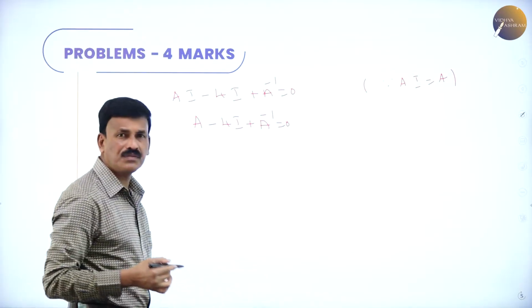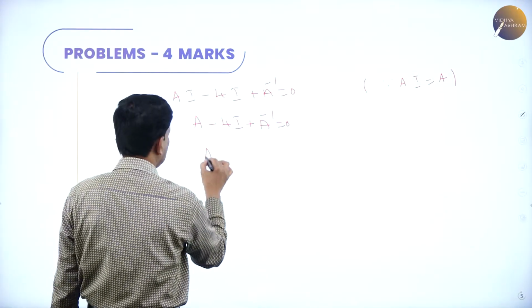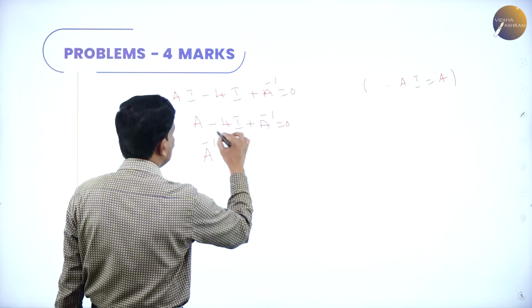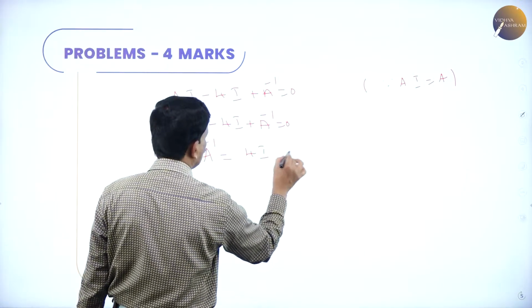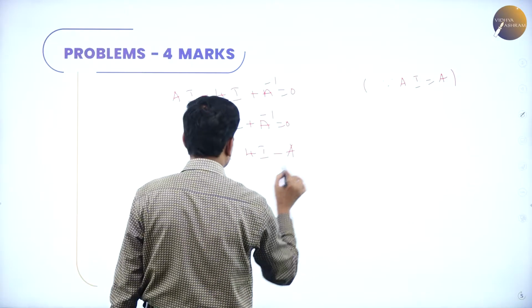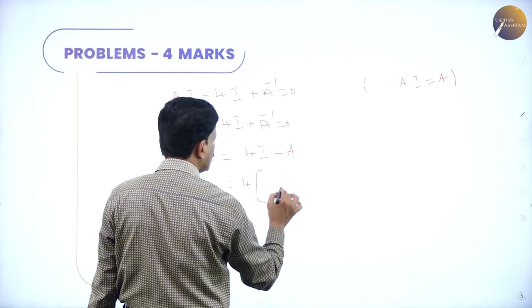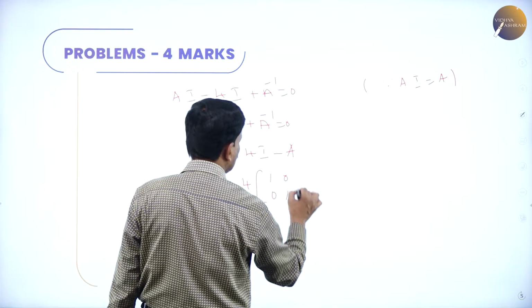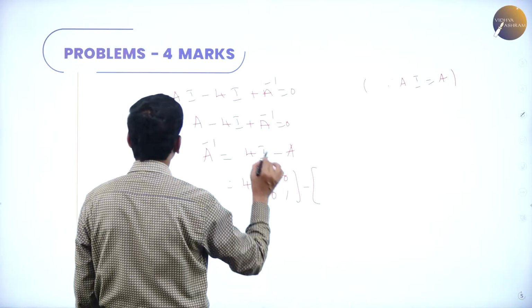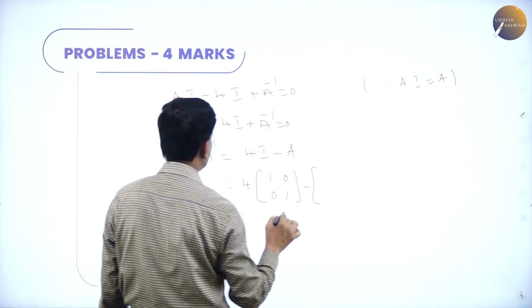Now, what is required is to find A inverse. Just keep A inverse and transfer the remaining. Minus 4I becomes plus 4I and plus A becomes minus A. 4 into I, what is I? I is 1, 0, 0, 1, minus A is nothing but the given matrix 2, 3, 1, 2.